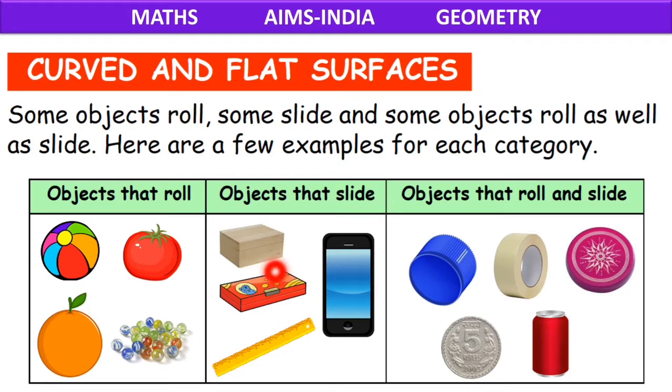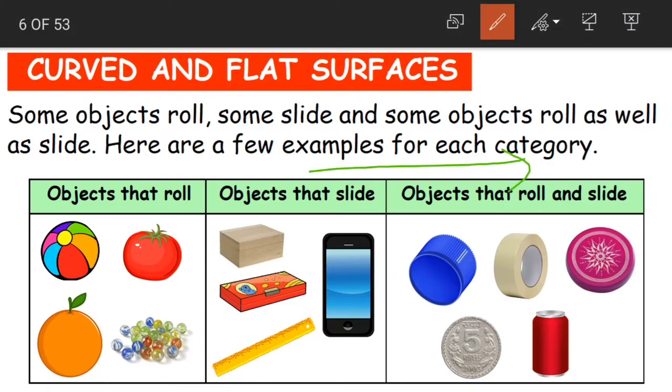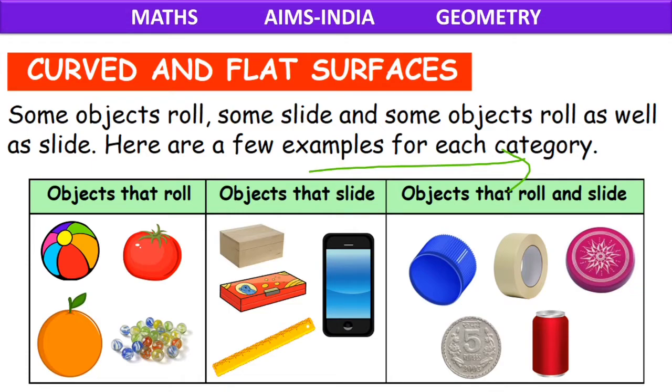Whereas when we throw some objects such as a box, phone, or a ruler, the objects do not roll. They simply slide. Whereas we have a few more objects that can both roll and slide.